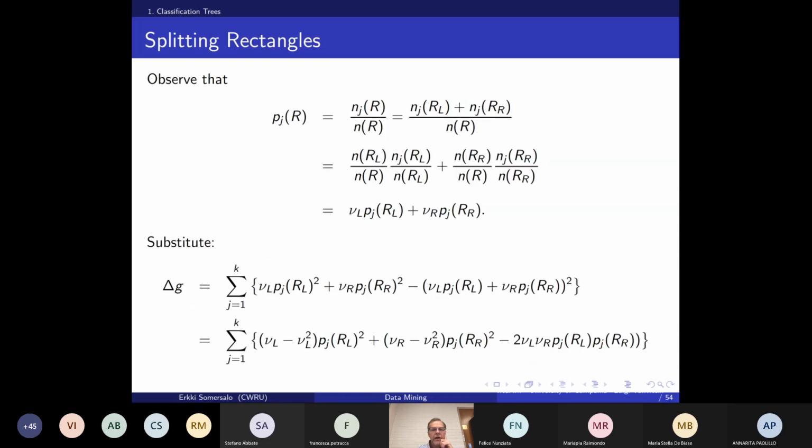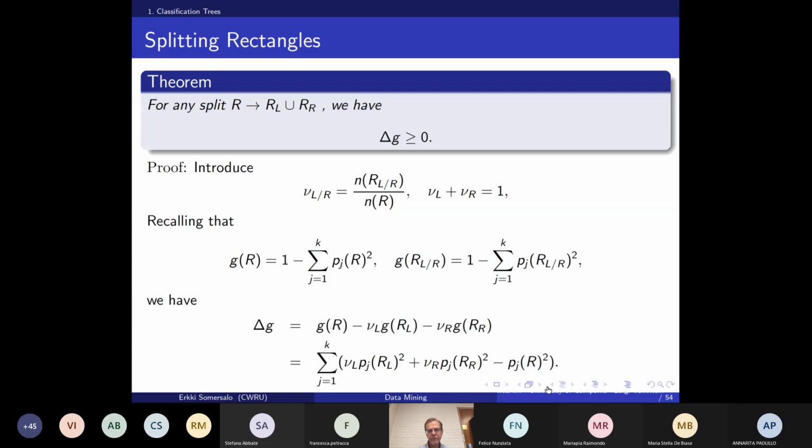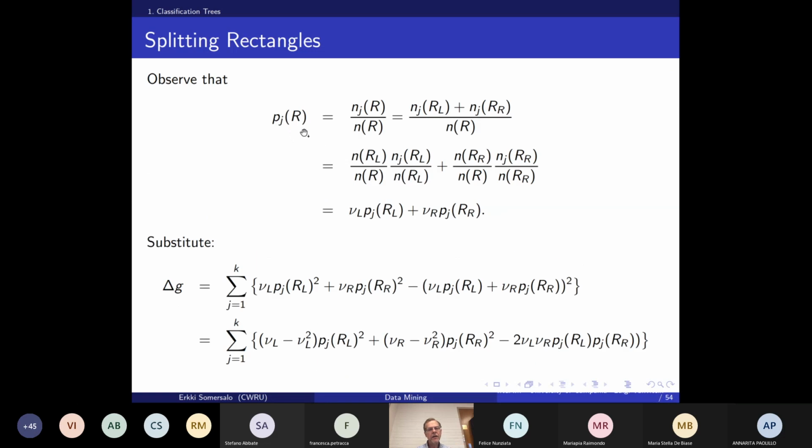So what I'm doing, I'm rewriting this P_JR. So P_JR, which is the frequency of a point in the original rectangle being in the class J, I'm writing in terms of the frequencies of being on the left or being on the right. And if you want to use the terminology of probability, this is the formula for total probability.